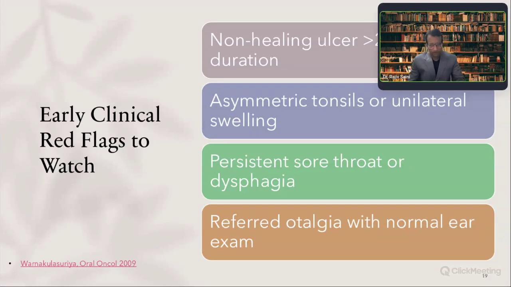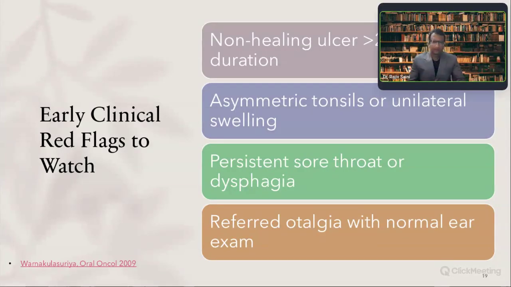We as dental professionals should visually assess the posterior oral cavity, retracting the tongue to compare both tonsillar regions for asymmetry. Any ulcer or mucosal change that does not resolve within 2 weeks should be documented and reevaluated. Persistence or progression should trigger referral rather than continued observation.